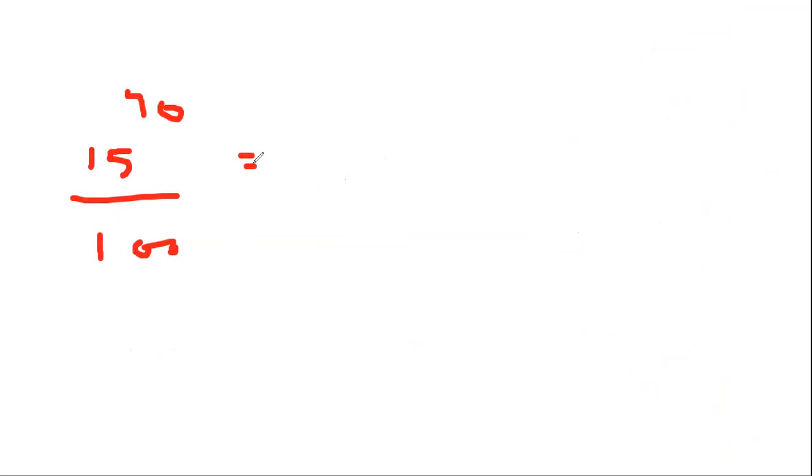And what is 15 to the power 40? 15 to the power 40 is nothing but 5 to the power 40 multiplied by 3 to the power 40. Right? So I can write 15 to the power 40 as 5 to the power 40 multiplied by 3 to the power 40.